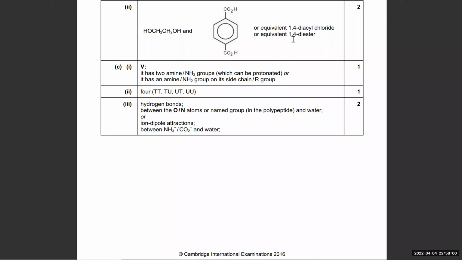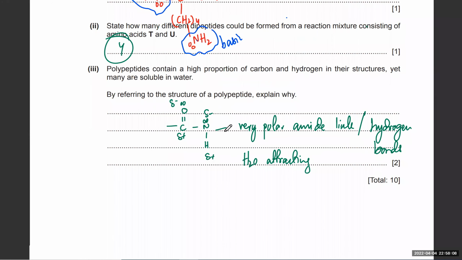So basically he was looking for the oxygen lone pairs. What you could have written was that the oxygen lone pair, like the C double bond O lone pair, was attracting H from the water molecule. Is that clear?